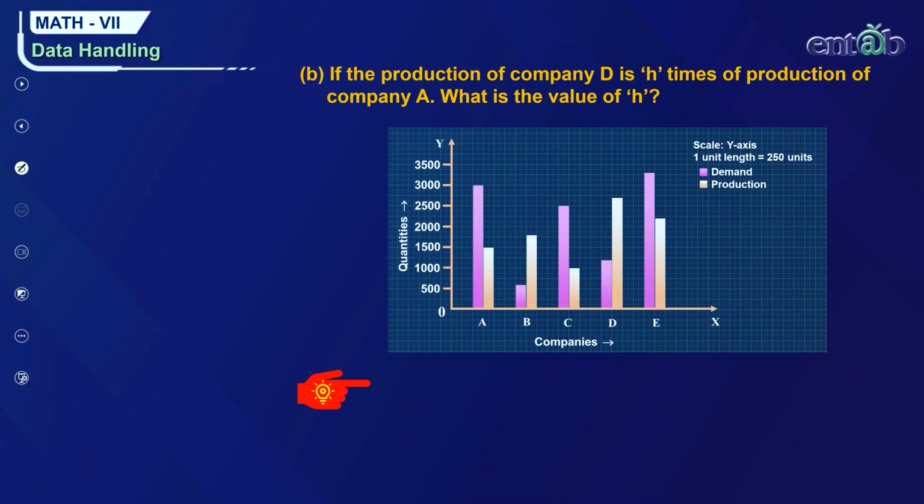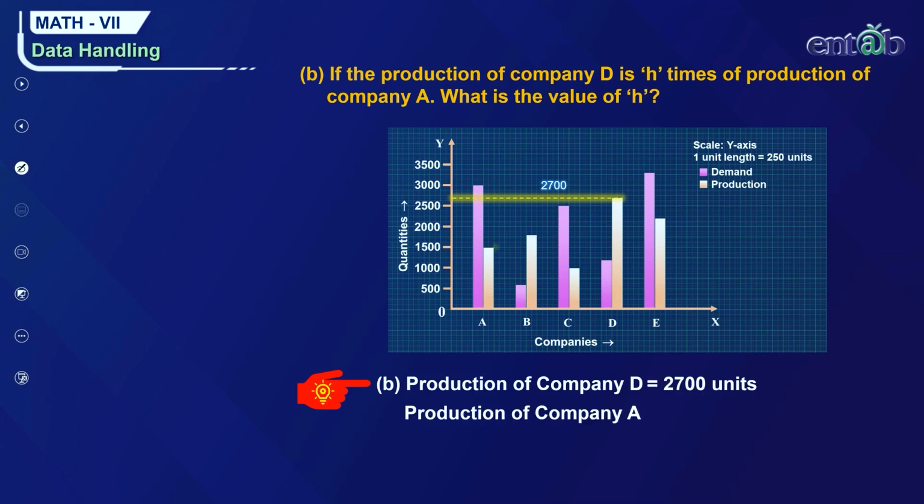If the production of company D is H times the production of company A, what is the value of H? Here, production of company D is 2700 units. Production of company A is 1500 units.